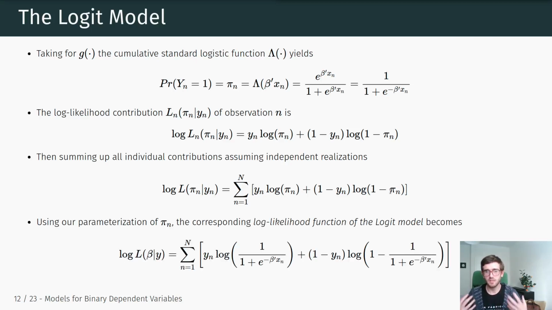Then, as I mentioned, we plug in our link function, our parameterization of pi n, which is just 1 divided by 1 plus e to the power of minus beta prime xn. That is our log likelihood function for the Logit model. We could now program this up and maximize it with our observed yn and observed xn for our beta vector to get our maximum likelihood estimates for this Logit model.